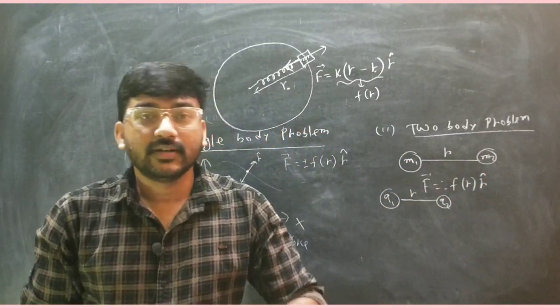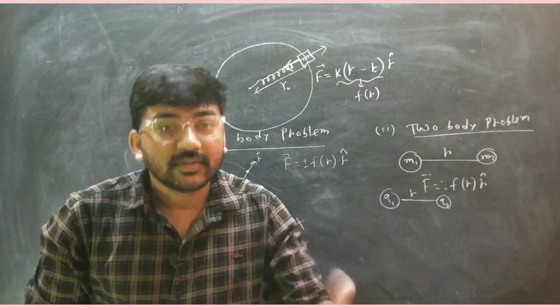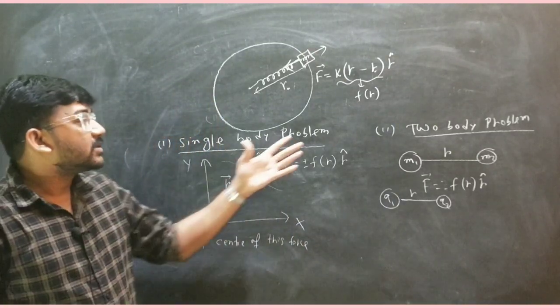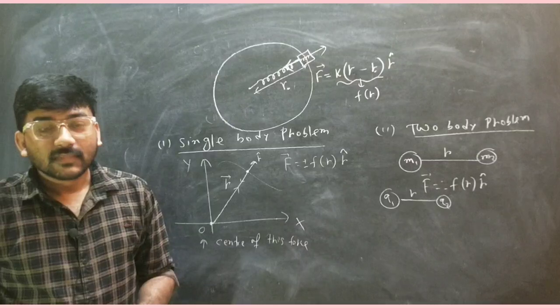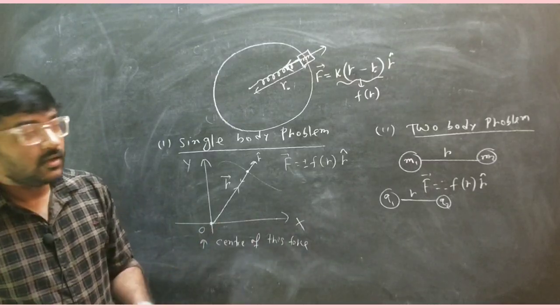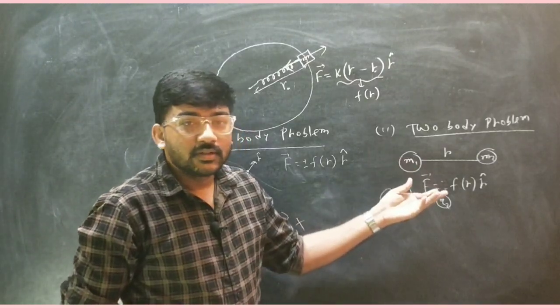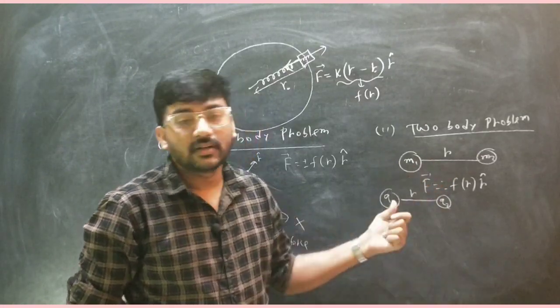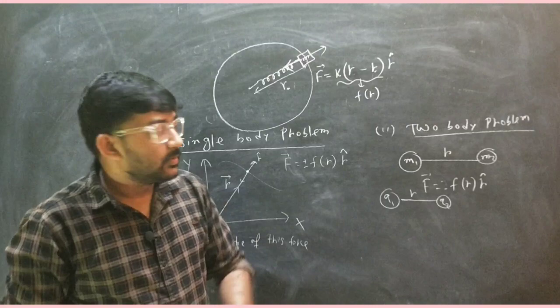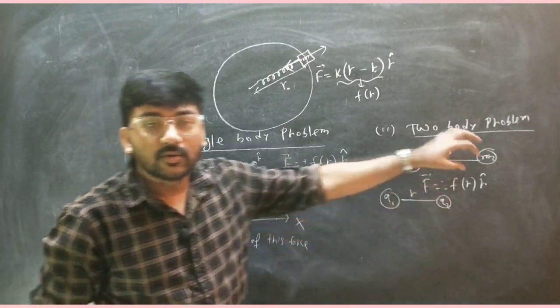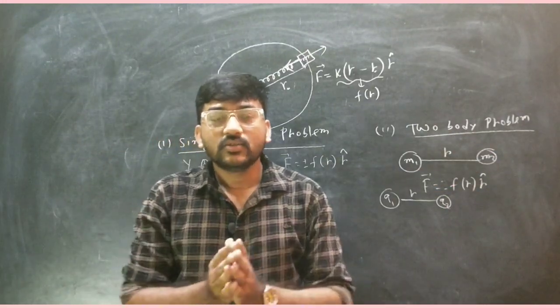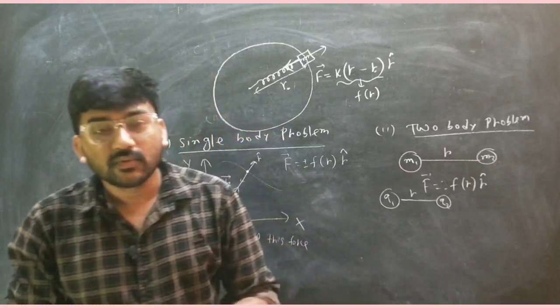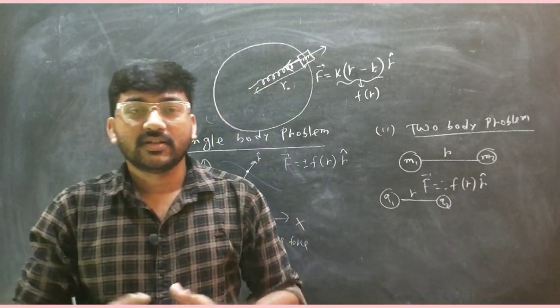So this is the basic difference in the definition of the central force problem for a single body system and a two body system. But the problem is that we can't analyze the motion of the two body system separately by using Newton's equation. If we apply Newton's equation for each object and then combine the two equations, solving them will be very complicated.